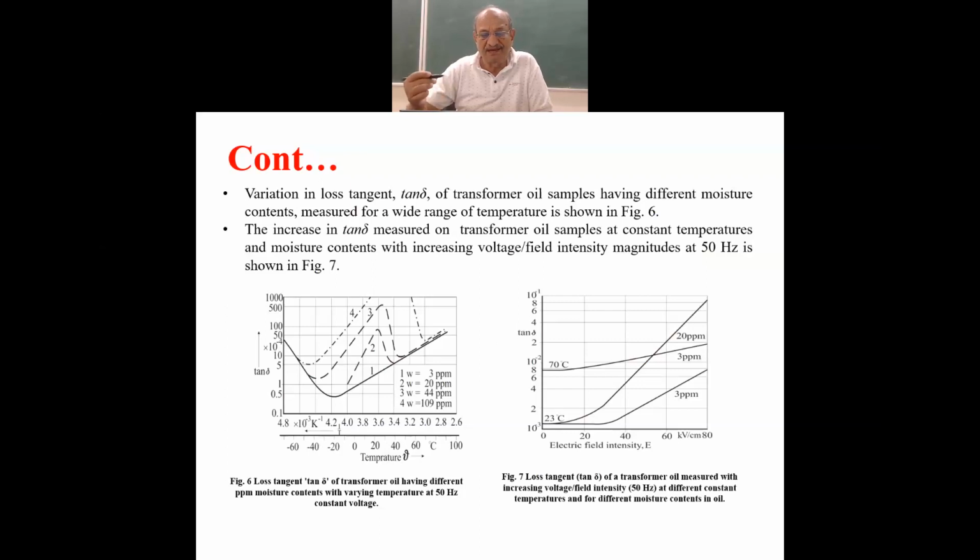Dielectric losses mainly come into picture when you apply very high voltage, and very high voltages are used for the power frequency voltage, that is, in the power system. So most of these measurements have been performed at 50 hertz.